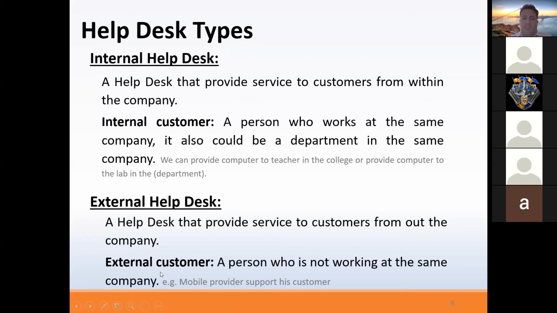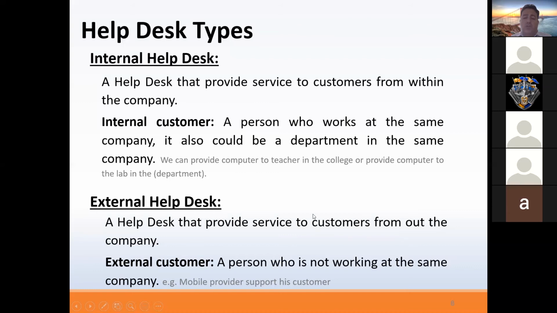Okay, so you got the difference. Somebody will tell me, does it really matter? Is there a difference? No, of course there's no difference. Can you tell the difference again? Internal customers mean the customers are employed by the company. External customers mean the customers are outside the company. They don't work for the same company.